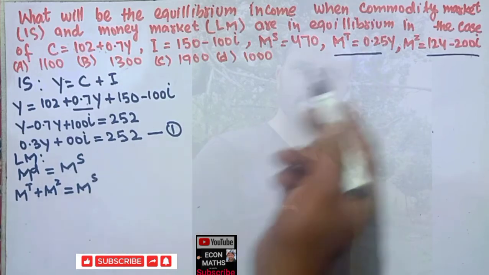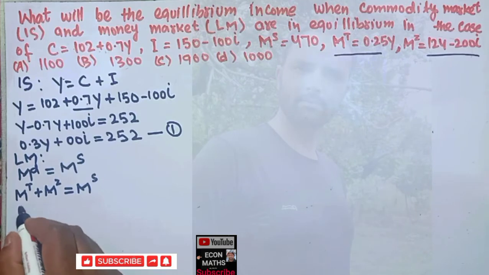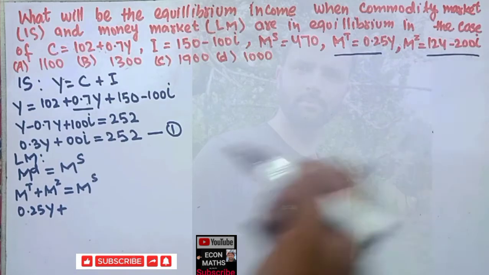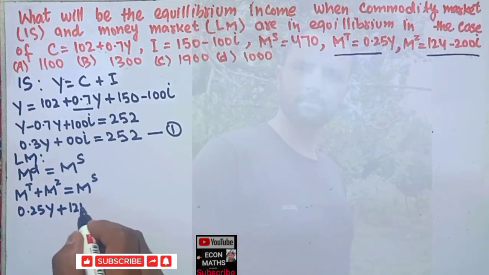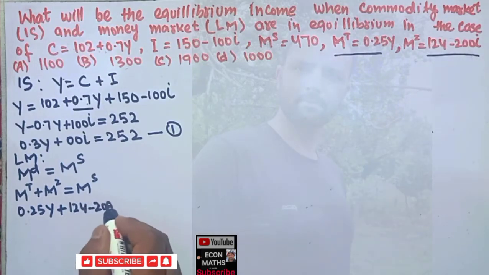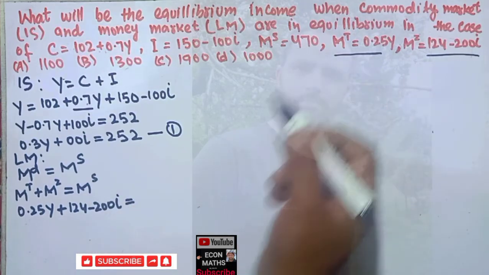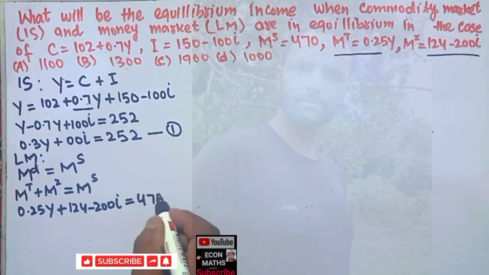Now what is our transactionary demand for money? This is 0.25y, plus the speculative demand for money, 124 minus 200i, should be equal to our total money supply, that is 470.